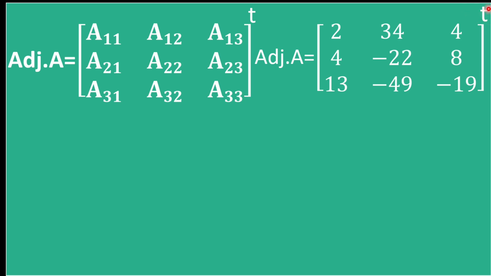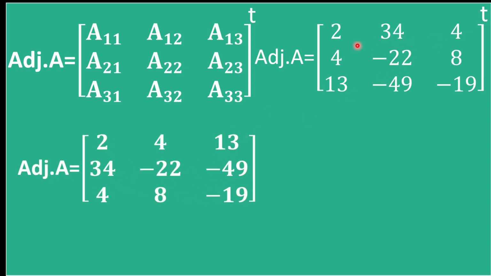Taking transpose of matrix means that you will have to convert each row into column. So this row will become 2 34 4 into column, and this 4 minus 22 8 into column, and this row 13 minus 49 minus 19 will be converted into column. So now we have taken transpose of this matrix, and now we have this value.